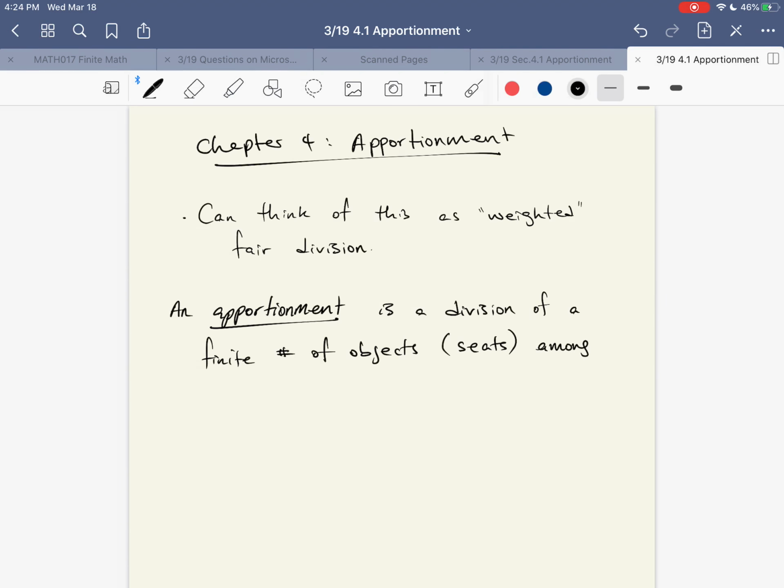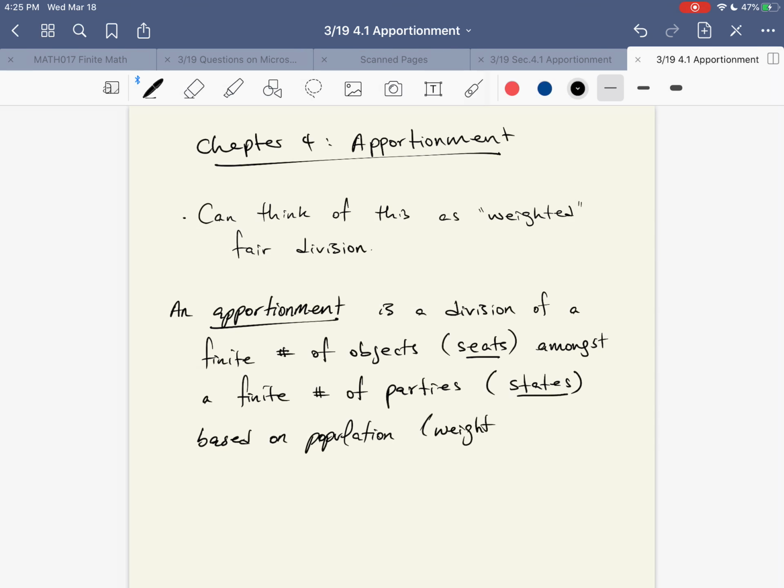Amongst a finite number of parties. We'll call these parties states. A division of a finite number of objects amongst a finite number of parties based on population, or the weight of each state.